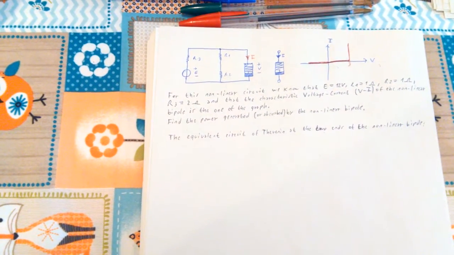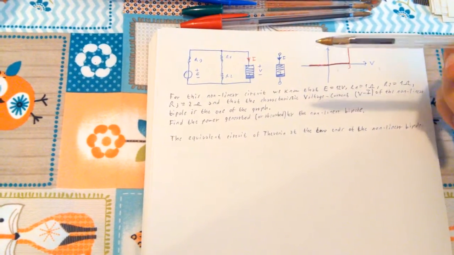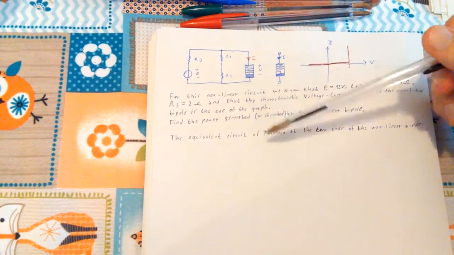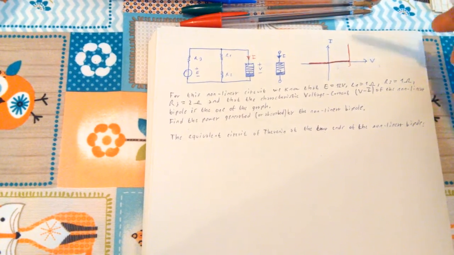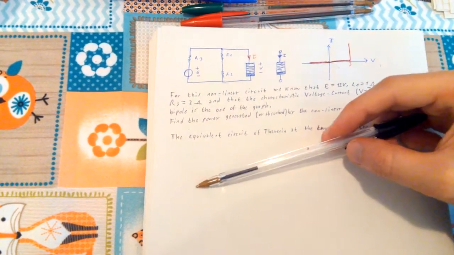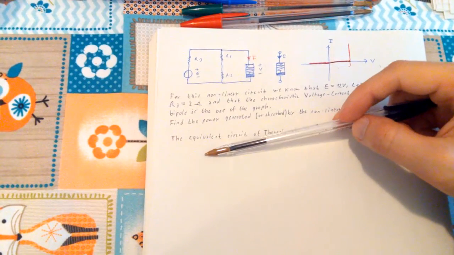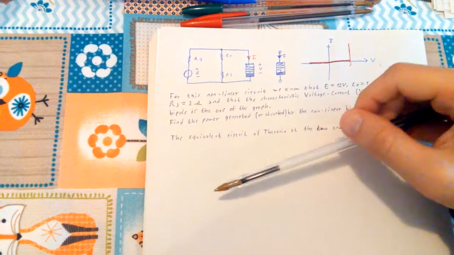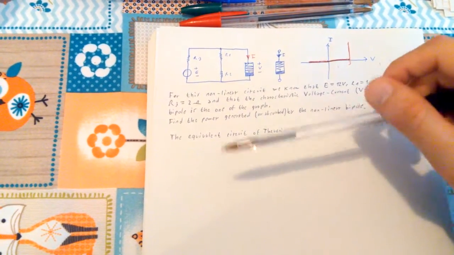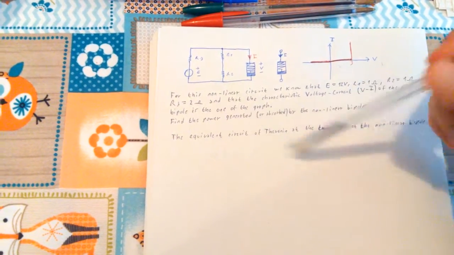Thevenin basically says that each and every circuit, no matter how complex it is, can be simplified and represented by a voltage source in series with a resistance. So we're going to have a voltage source, which we're going to call VTH, Thevenin, in series with a resistance, which we're going to call RTH.